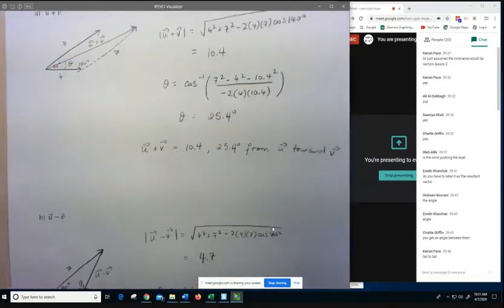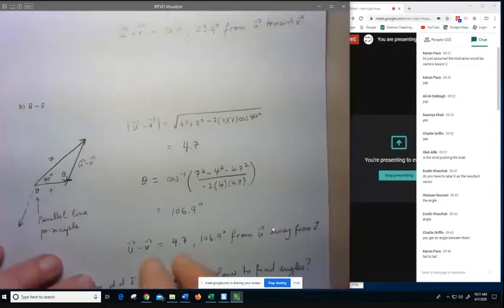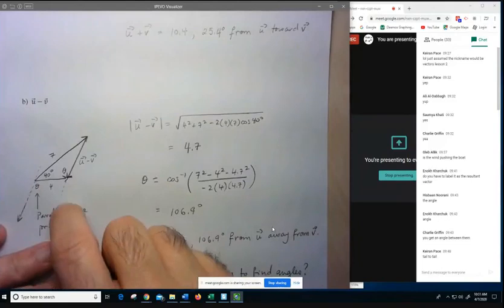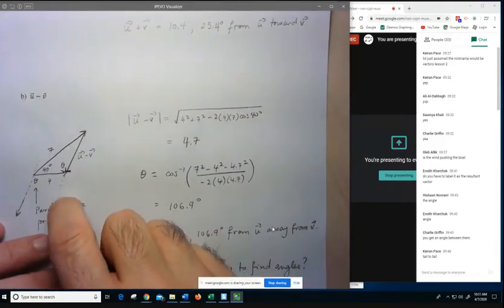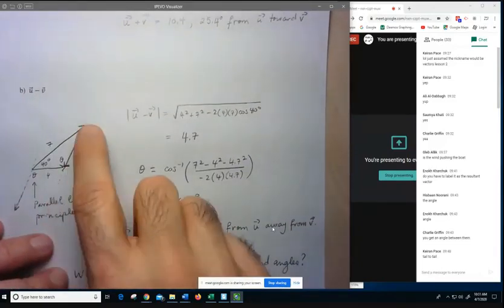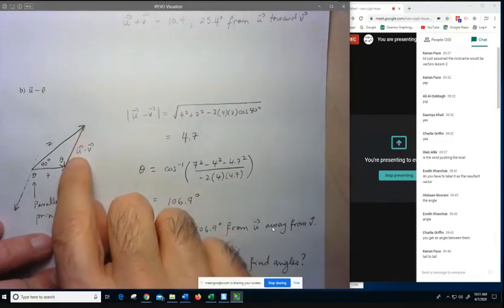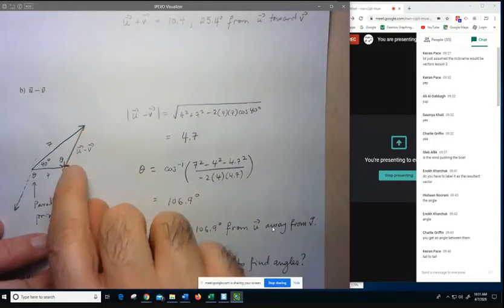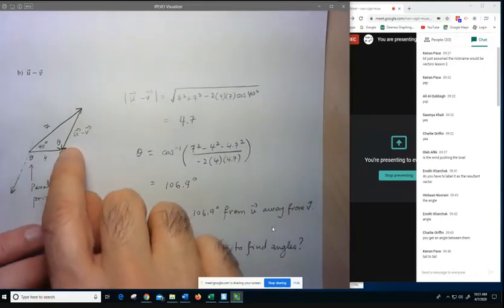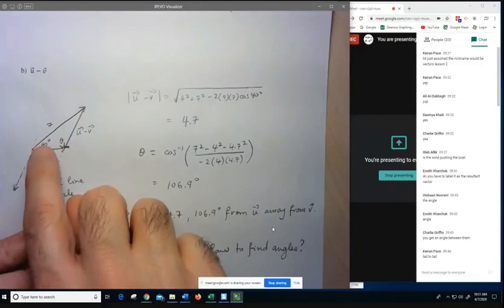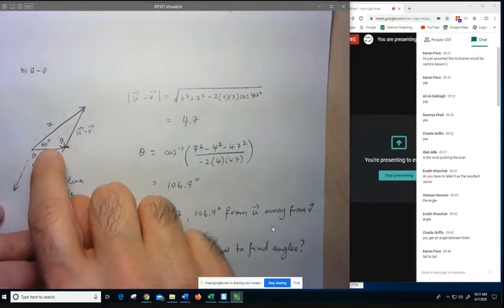Okay, similarly, for the subtraction, I have u and v placed tail to tail, but now I know that the subtraction is the vector created by going tip to tip, from the tip of the second to the tip of the first. And so yet again, I've got a triangle that I can work with, except now the 40 degrees that I was given is in fact inside the triangle.